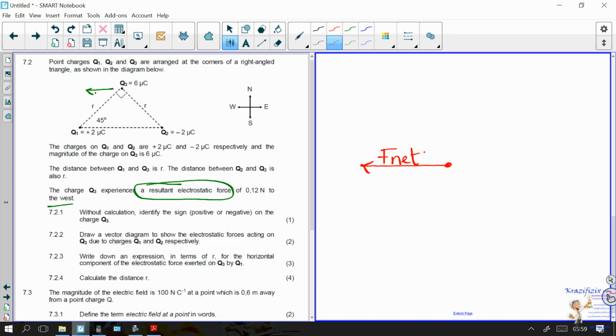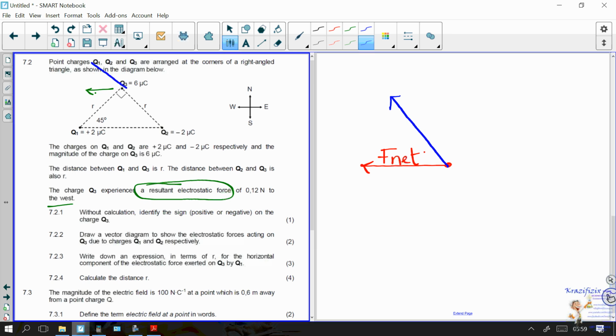Now, if I need to draw F1 and F2 that are resolving this, I would need to actually create something like this. I want you to see this. Because I'm looking at my angle there, you see? Is that fine? So that my net force now comes this way. I don't know if that makes sense.